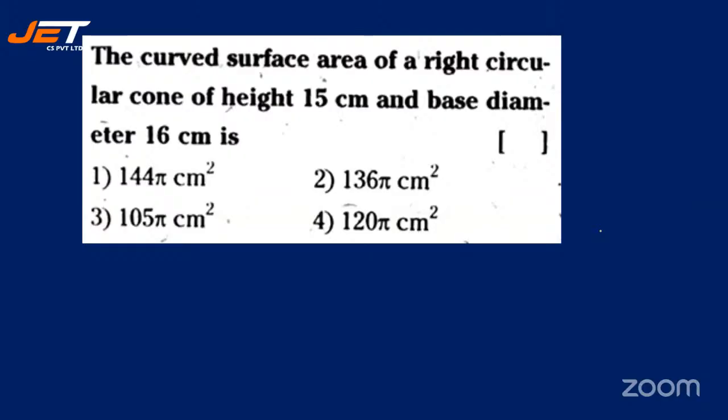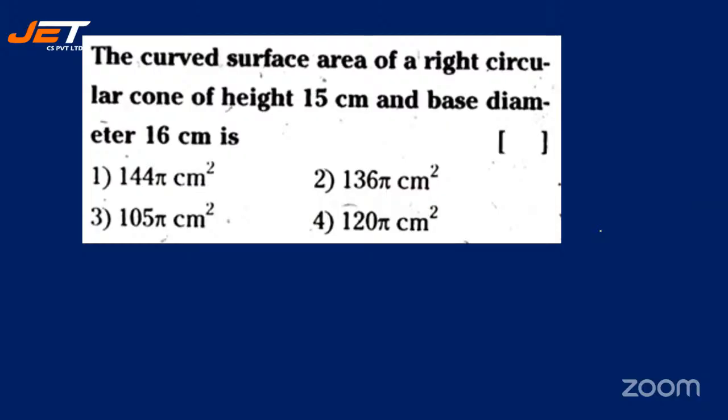The curved surface area of right circular cone of height 15 centimeter and base diameter 16 centimeter is dash. So the question is CSA of a right circular cone.